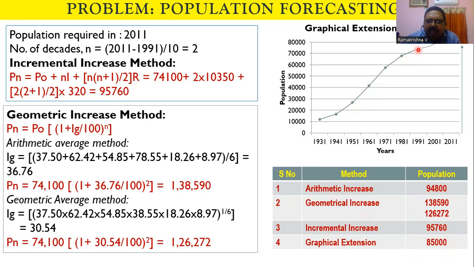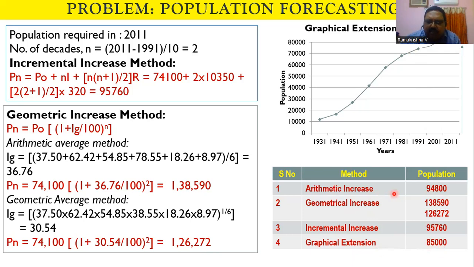This trend may not be like this. Sometimes it may go like this also, or go below the projected line. We don't know that projection, so that's why we take the help of these mathematical principles. Graphical extension, most of the time, will give you under values.